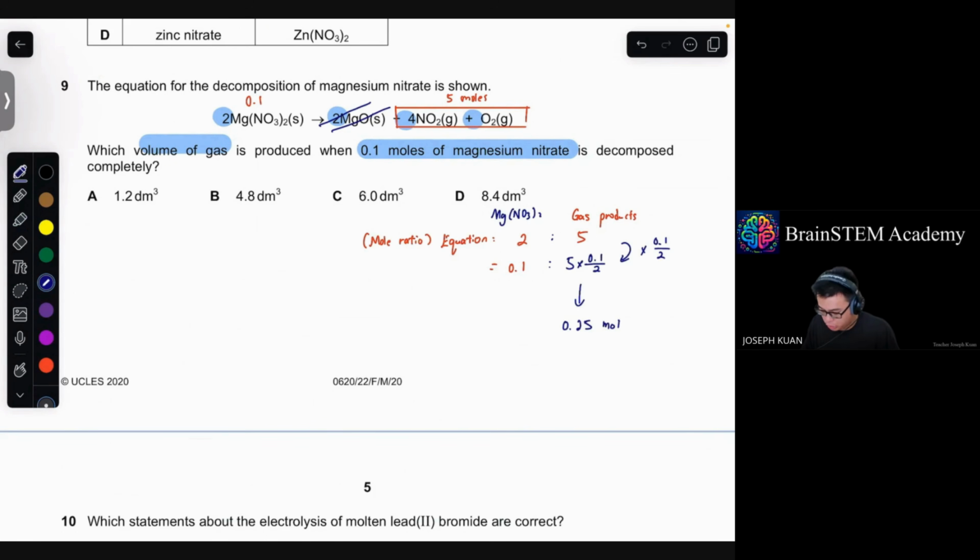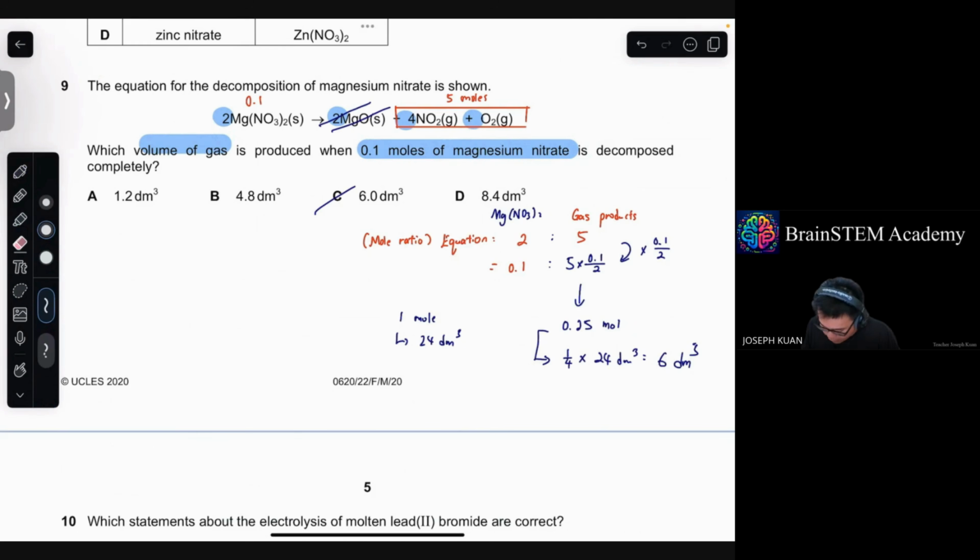How much volume does 0.25 moles of gas occupy? Remember, the molar volume of any gas is 24 dm cube. So having a quarter of that will mean that it's 6 dm cube. So the answer should be C.